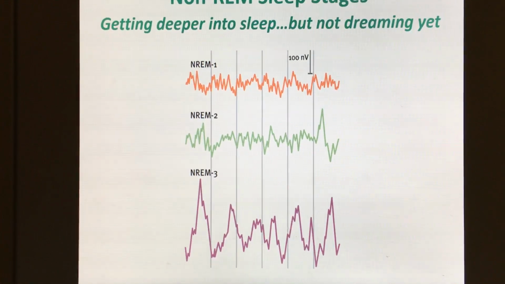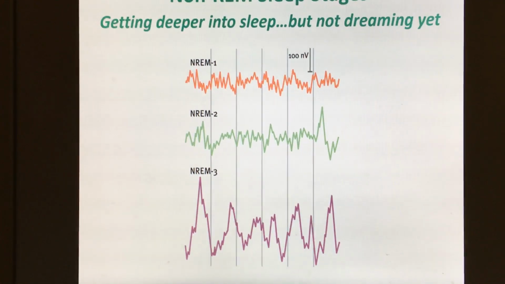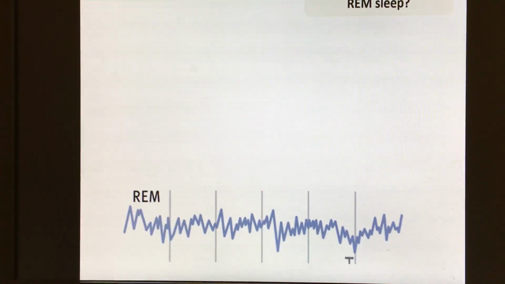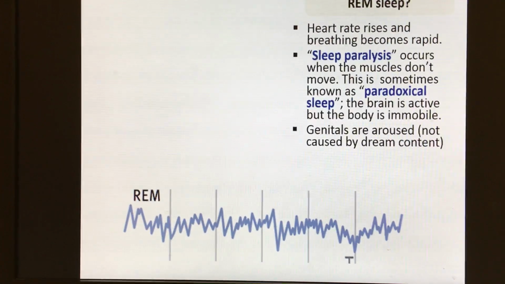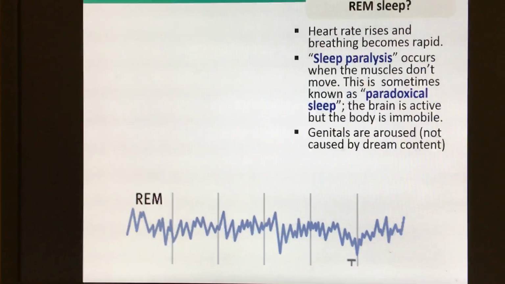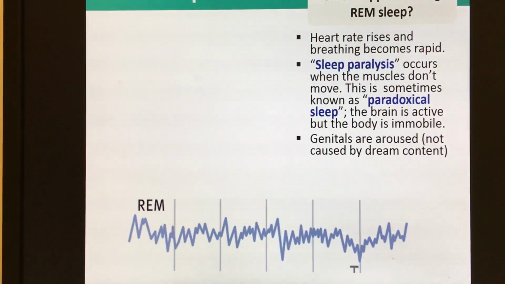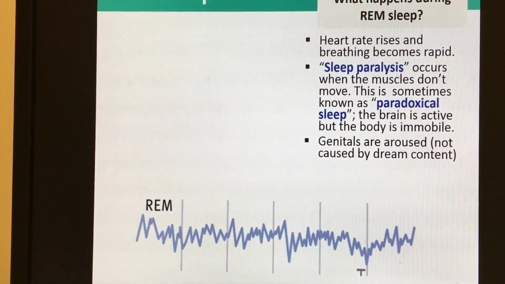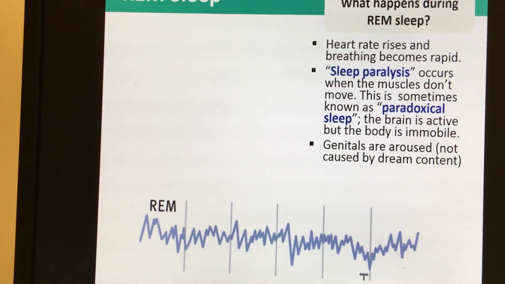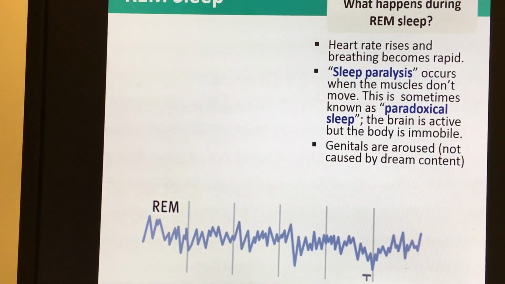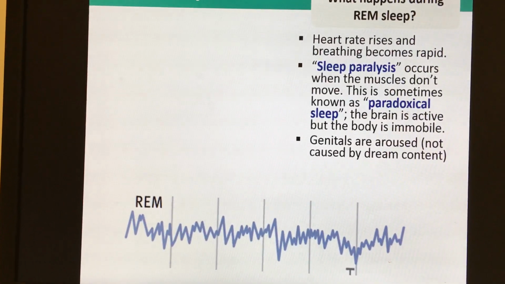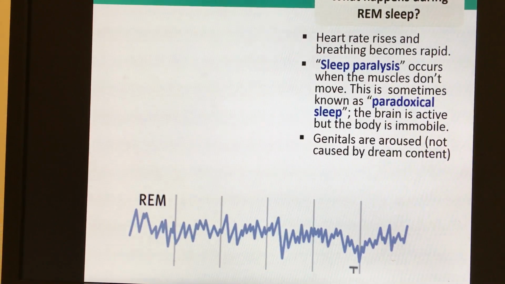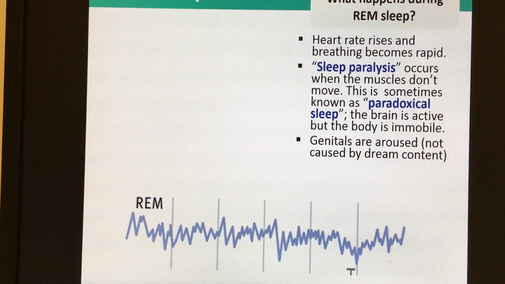The next stage, the 4th stage, is called REM sleep, rapid eye movement. That's what it stands for. And what's really interesting about rapid eye movement is that the brain looks as though we are awake, okay? And it's referred to as paradoxical sleep, and this is the paradox. The paradox is that the brain looks as though we are active and awake, and yet our body is paralyzed.